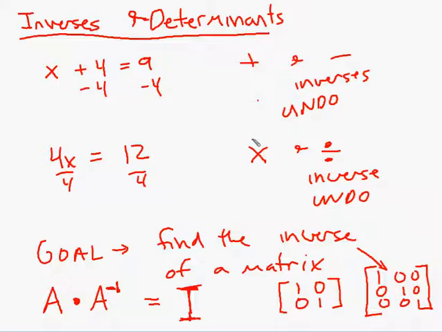For multiplication, when I multiplied two matrices, I didn't have to have them be the identical size, but when I did my setup here, these inner numbers had to be the same, otherwise I couldn't multiply them, right? So with inverses, I'm also not going to want to waste time trying to find an inverse if I can't do it.